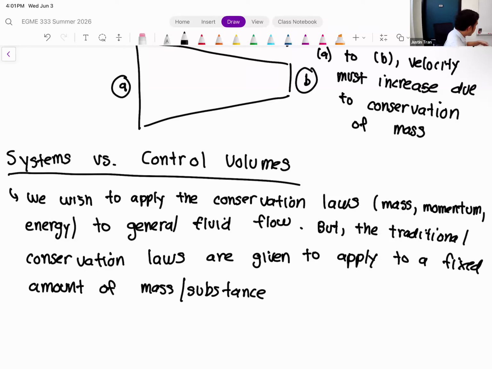So there's a bit of a disconnect between how the conservation laws are mathematically formulated and how we traditionally like to describe fluid flow.